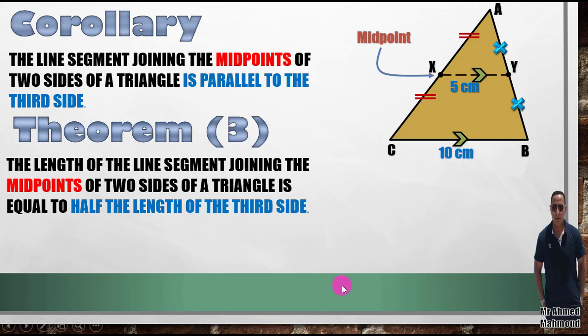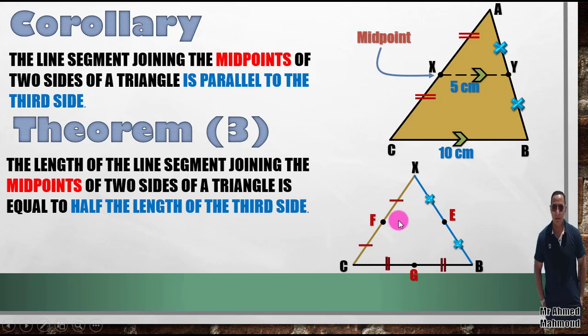Okay, let's look at the next triangle. If we have triangle XBC like this, and we have three points, E, G, and F. Let E be a midpoint of XB, F a midpoint of XC, and G a midpoint of BC.